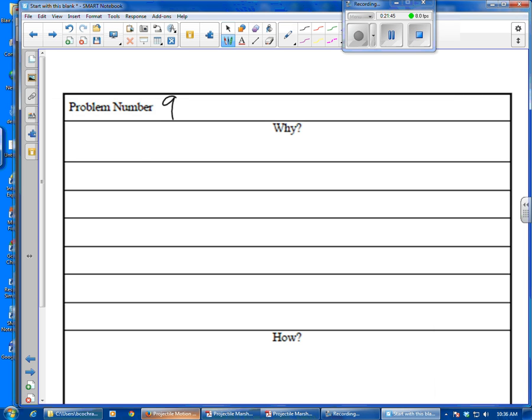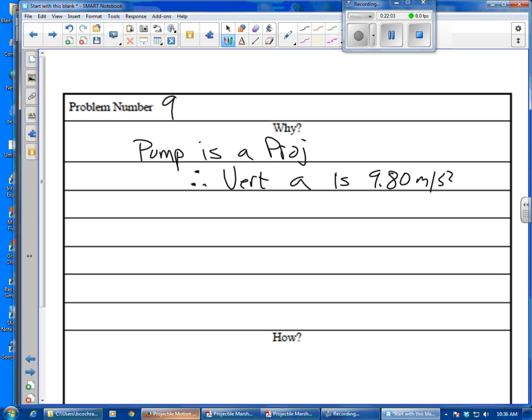Number 9, the pumpkin is a projectile. Therefore, vertical acceleration is 9.80 meters per second squared down, and horizontal acceleration is 0.